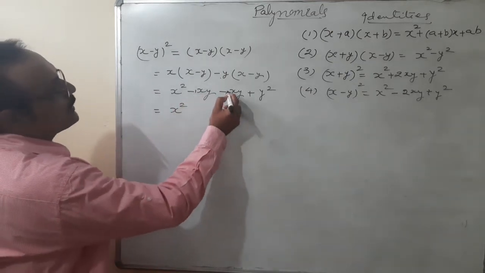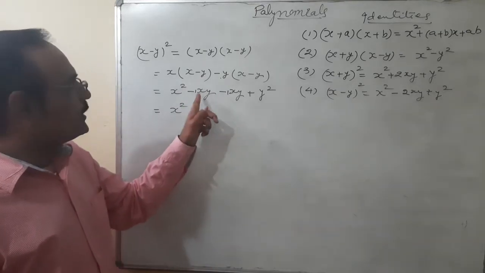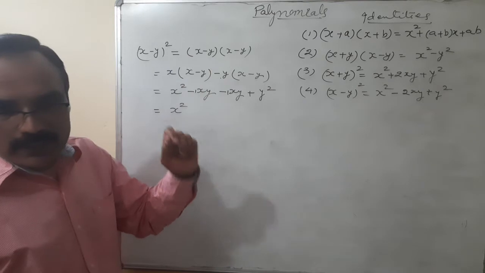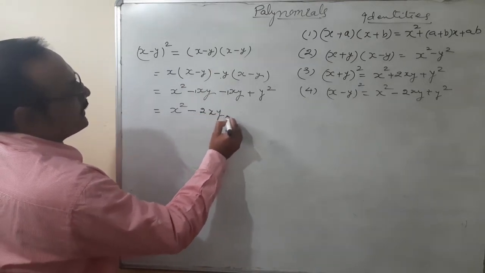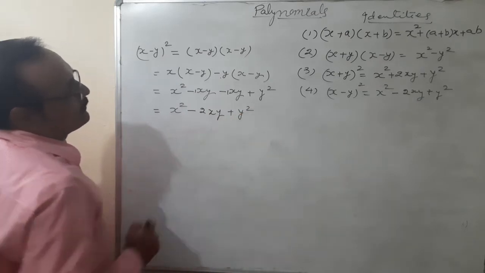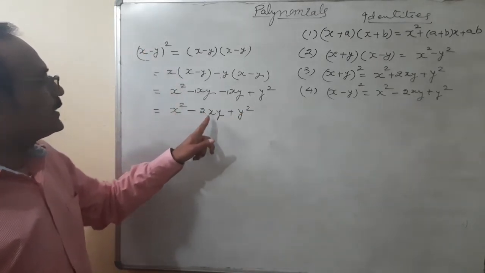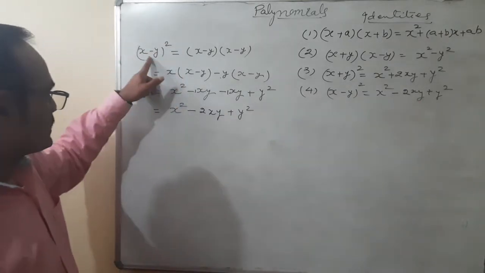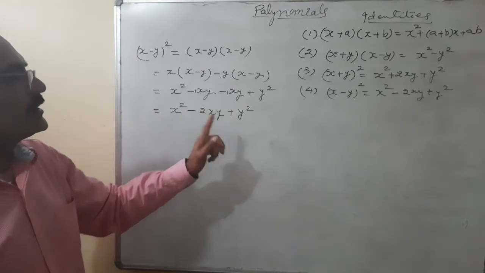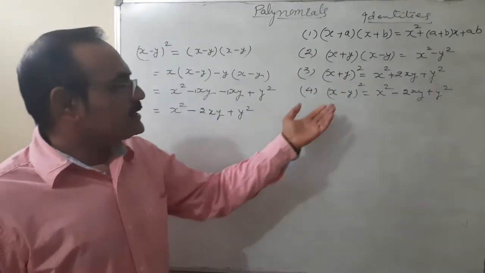Nothing is written, it is 1, it is also 1. Same sign, so they are added: minus 1xy minus 1xy, it is minus 2xy, and plus y square. So friends, this is the result: (x minus y) whole square is equal to x square minus 2xy plus y square. Same as if there is a plus sign, they are positive and all the terms come in the form of plus. Okay.